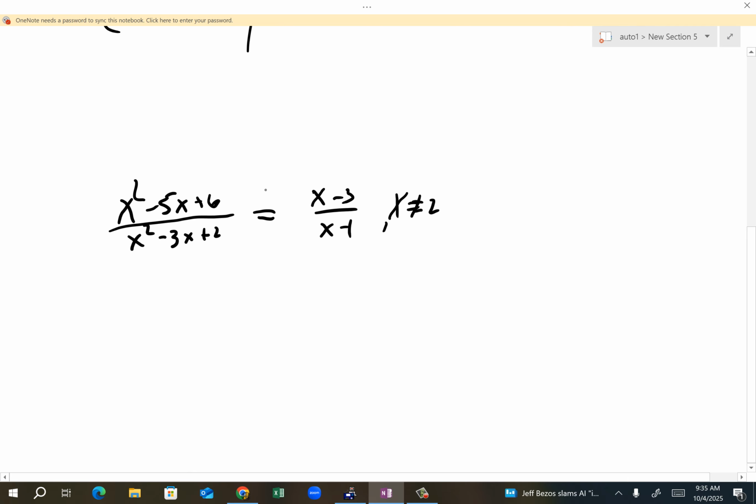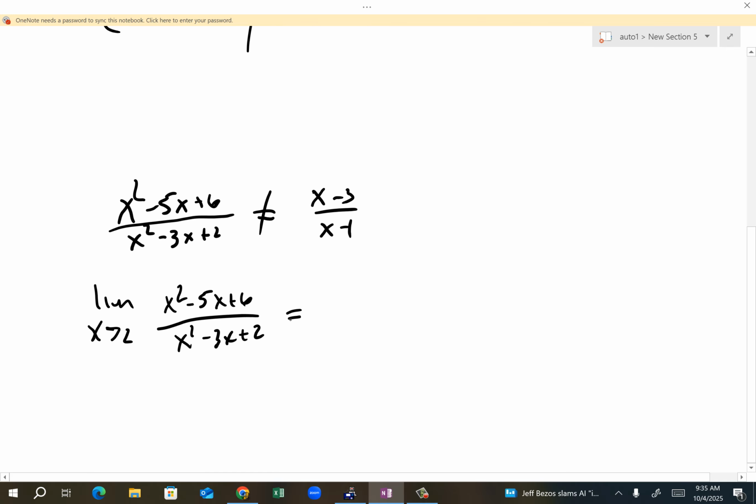Are you with me? In other words, if I restricted the domain of that one, then everywhere else we are good. But at 2, this one has a hole. This one was good to go. Now they're equal. Without that domain restriction, they are not equal. However, the limit as x approaches 2 of this and the limit as x approaches 2 of this does in fact equal the limit as x approaches 2 of this over this.